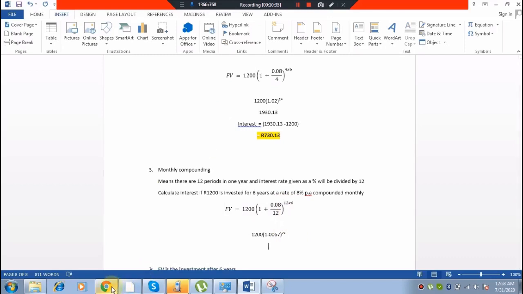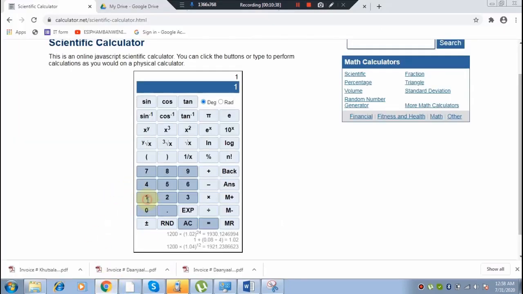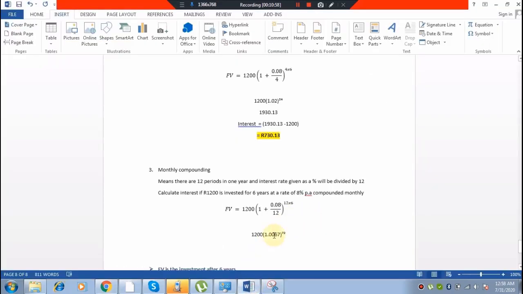So we want to simplify that. We're going to calculate 1,200, open brackets, times the 1.0067. Where am I getting that from? The 0.0067. That means you can prove it yourself: 0.08 divided by 12, and let's see what number you get there.